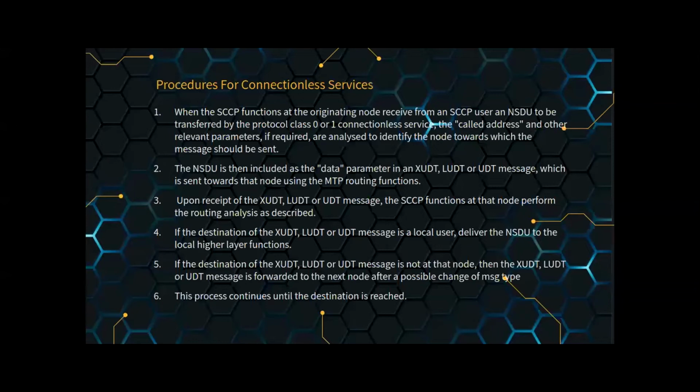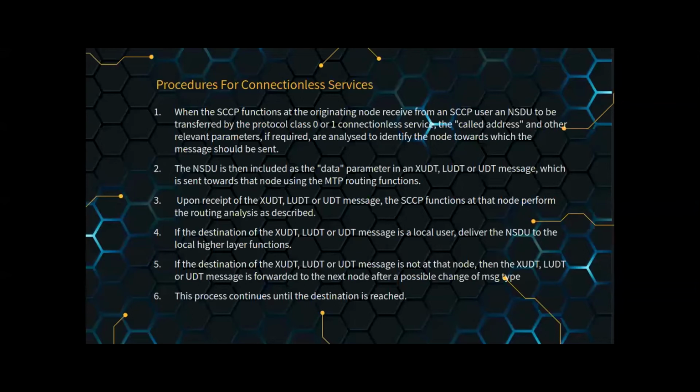Upon receipt of the data message, which can be either an XUDT, an LUDT, or a UDT message, the SSP functions at that node perform the routing analysis as described. If the destination of the message data is a local user, it delivers the network service data unit to the local higher layer functions.